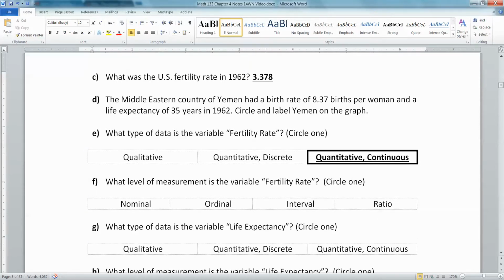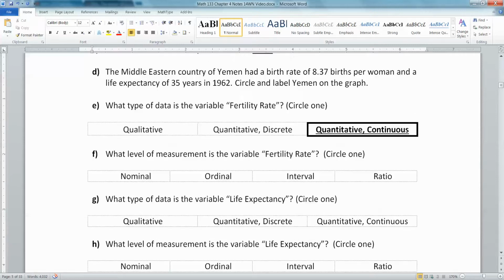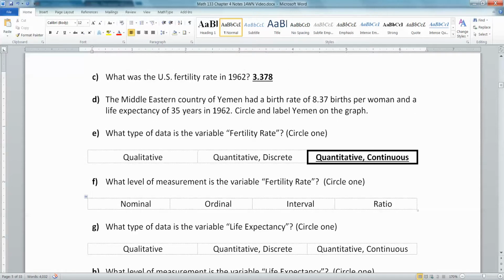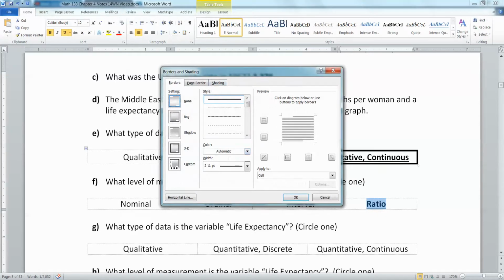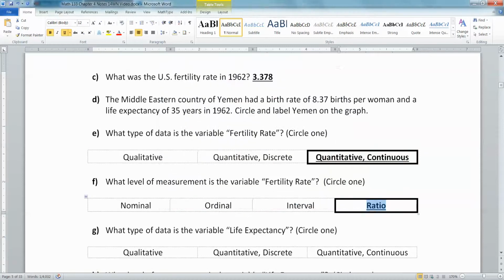All right, now what level of measurement is fertility rate? Well, the level of measurement is ratio because it's a number, but it can't be negative, right? Things that can be negative are interval. So it's this one, it's ratio. Let me give it a little box. There we go.